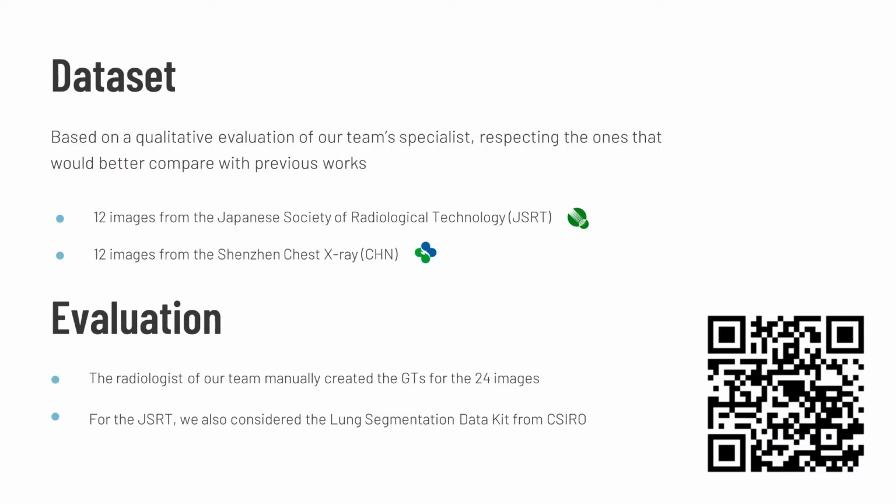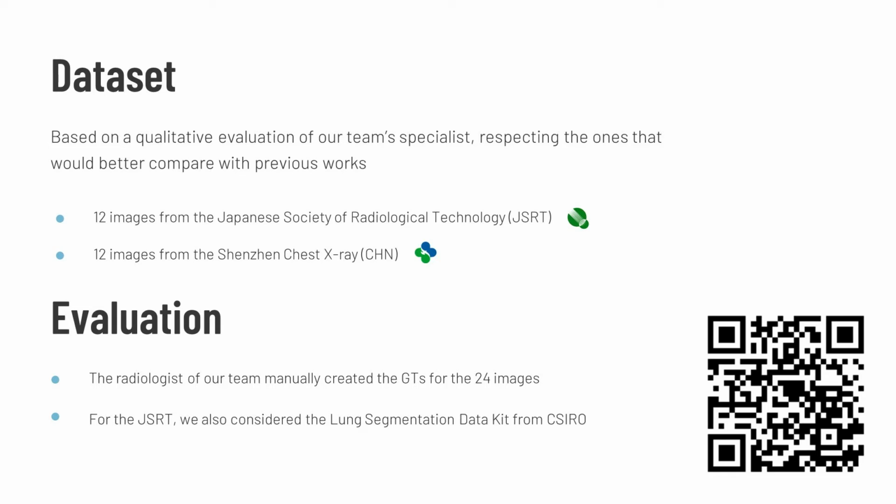To compose our dataset, we considered a qualitative evaluation of our team's specialists, respecting the ones that would better compare with previous works. We chose 12 images from the Japanese Society of Radiological Technology, the JSRT, and 12 images from the Shenzhen Chest X-ray, the CHN. To evaluate our approach, we opted for not using automatically generated ground truths because, since they are not 100% correct, they could lead to a false evaluation perspective.